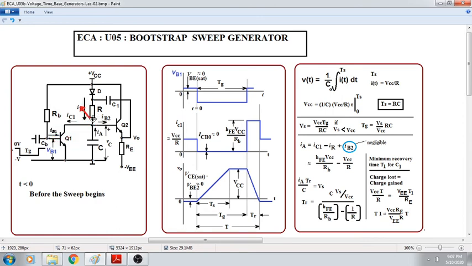The base current must be VCC by R divided by HFE, that means VCC by R into HFE. Okay, so this base current has to be VCC by R into HFE or more than that.